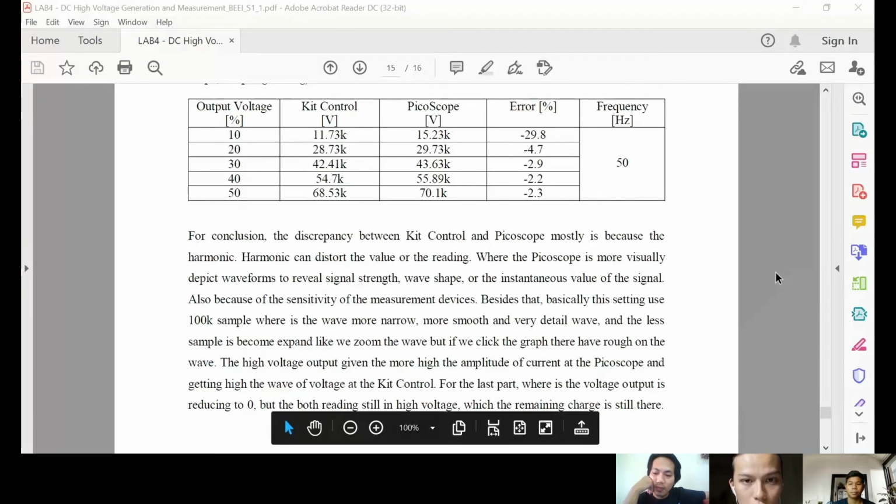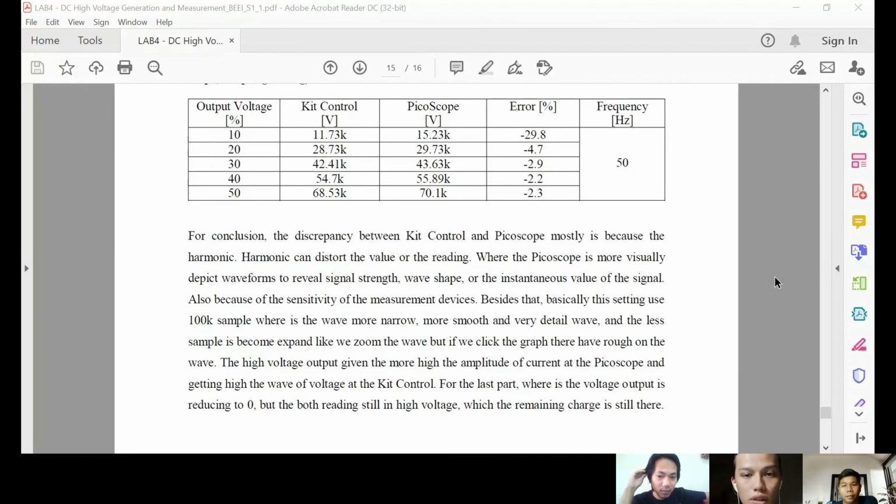So to get the error, basically we use the typical formula, which is we take the value for kit control minus picoscope, and then divide by kit control value and times 100%.